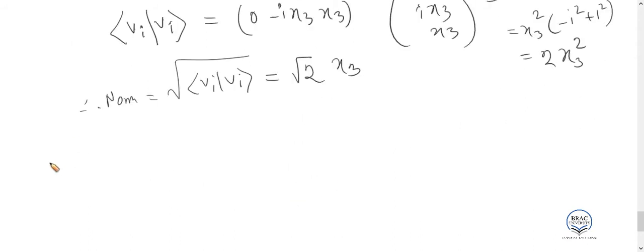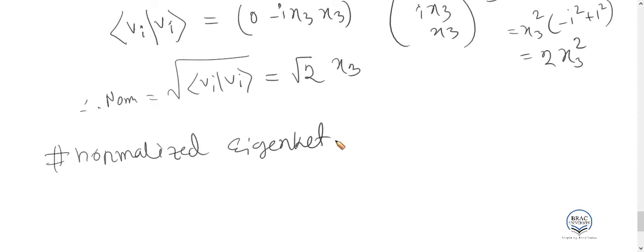So the normalized eigenket will be, let's call it v_i prime, and this will be given by v of i. This i actually means the notation I am using in this video, that is when our eigenvalue is the imaginary number itself, divided by the norm.